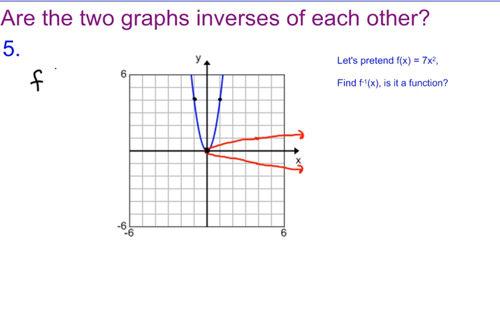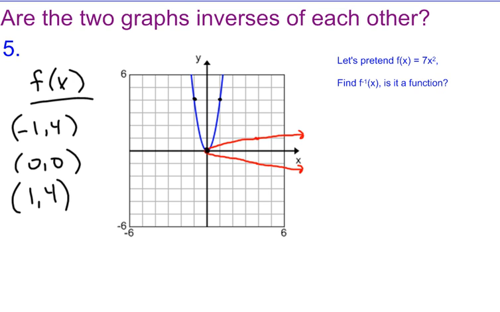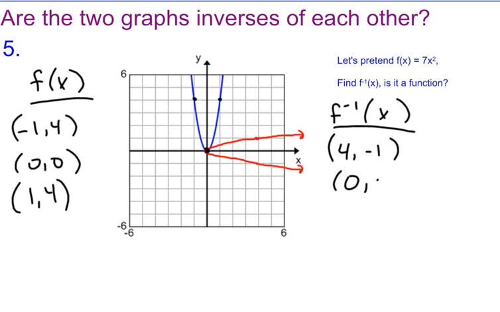So I'm going to say for my original function I have negative 1, 4, 0, 0, and 1, 4. So my inverse function should have 4, negative 1, 0, 0, and 4, 1. So as I try to plot that, I have 4, negative 1, I have 0, 0, and I have 4, 1.